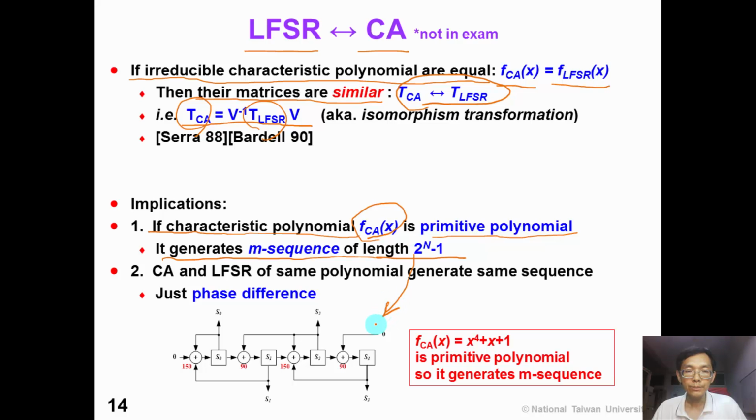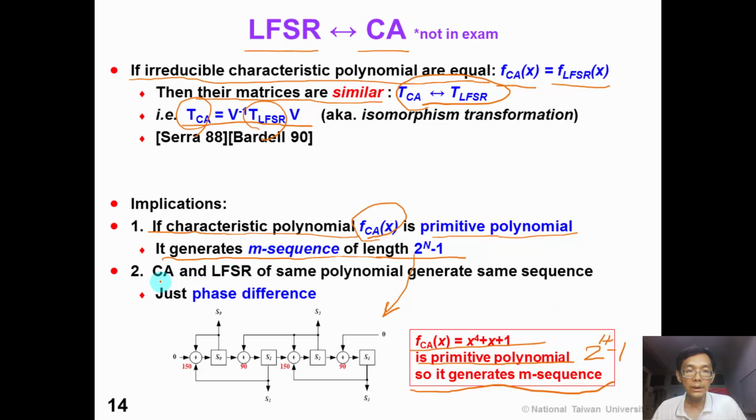Like this particular cellular automata we used in the previous slide, it has the characteristic polynomial x to the power of 4 plus x plus 1, which is a primitive polynomial, so it can generate M sequence of length 15.